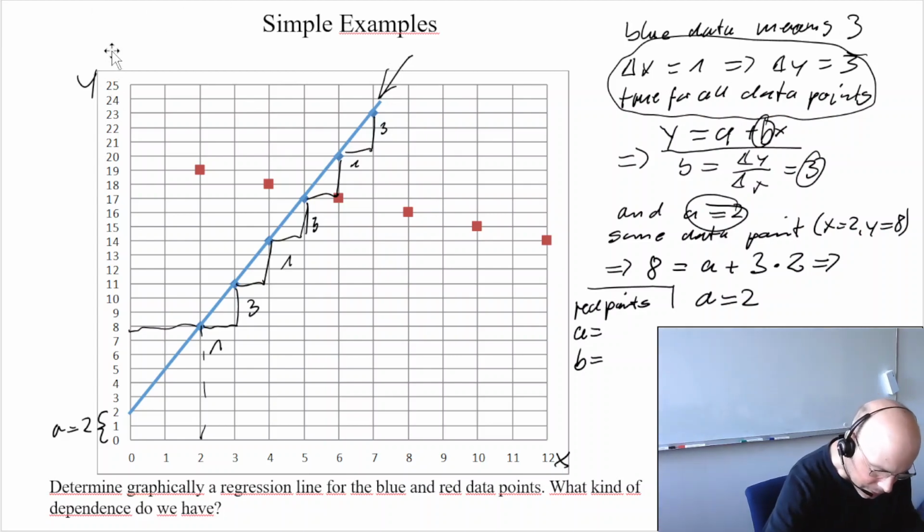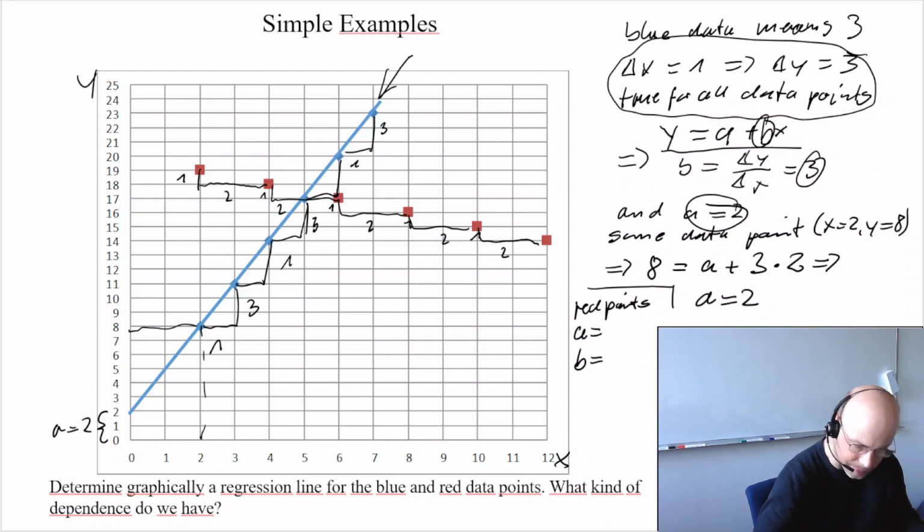Here, if we go one step down, we have to go 2 steps to the left, and again we see this is always the same. 1, 2, 1, 2, 1, 2.